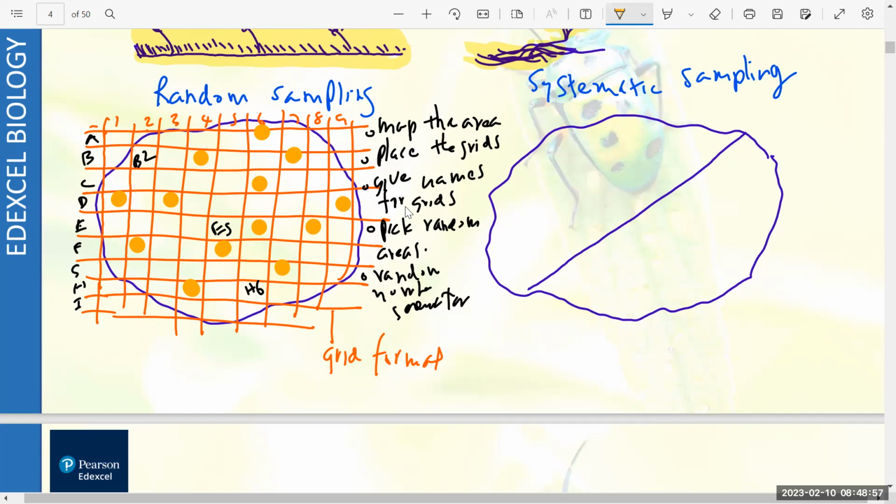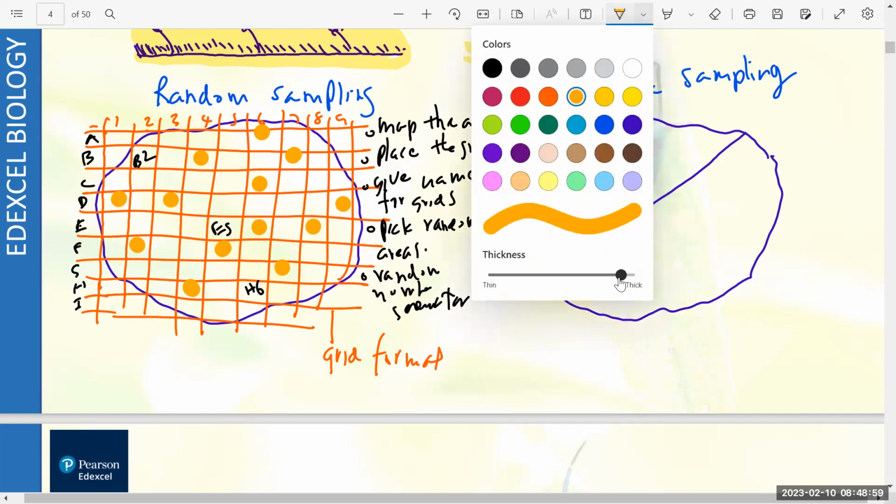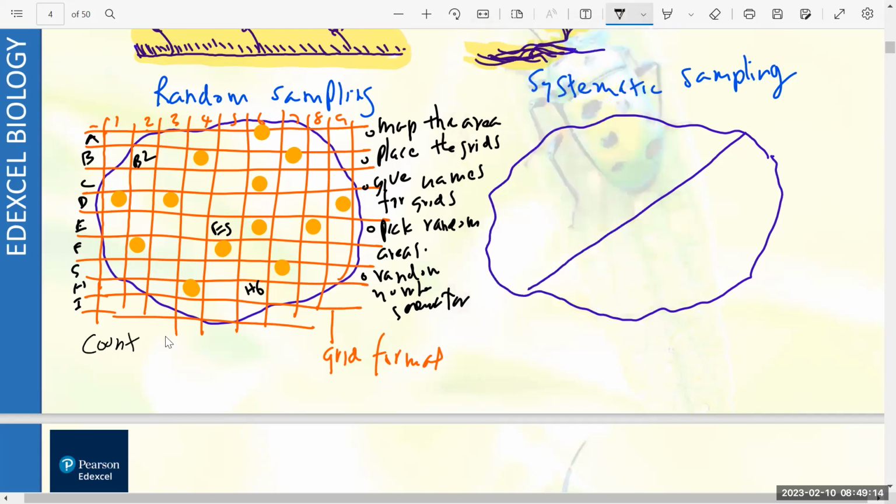When we have random numbers, we're going to count the species only in the random-number areas. Then count the species only in the random numbers.